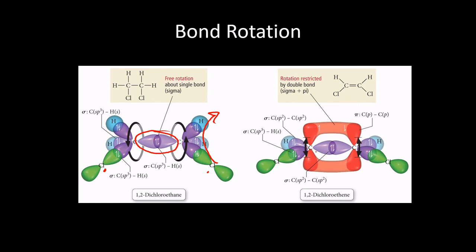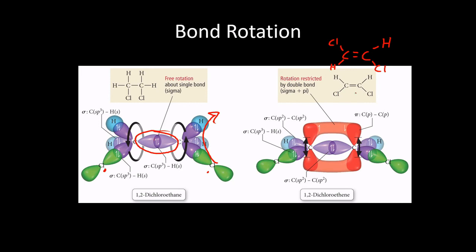And so you actually will have two different molecules for this molecule versus this one. So this molecule is different than this one. This is what we would call, well, it says 1,2-dichloroethene, but actually that should be cis-1,2-dichloroethene, and then this would be trans-1,2-dichloroethene.